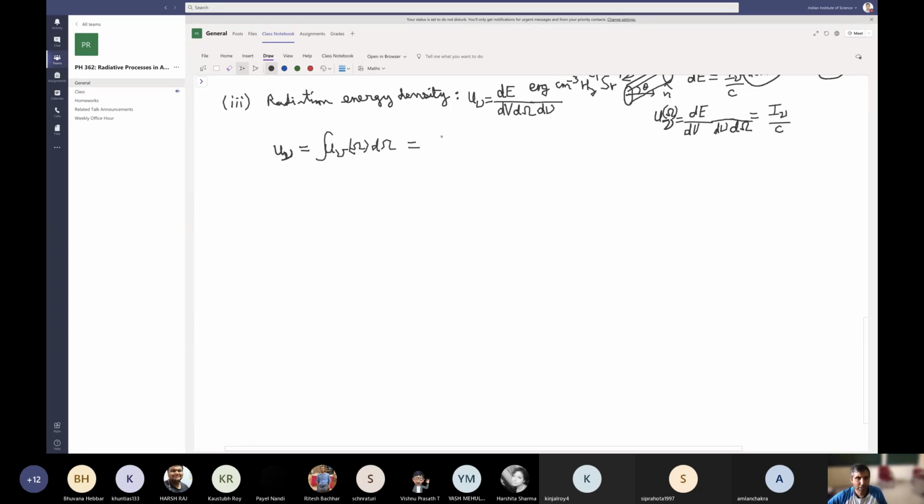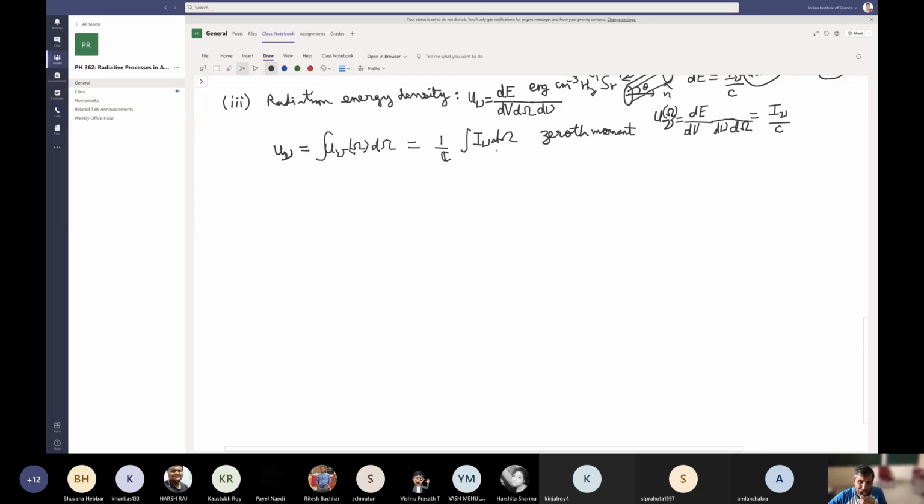This is nothing but 1 by C times the integral of I nu d omega. So this is related to the 0th moment, right?